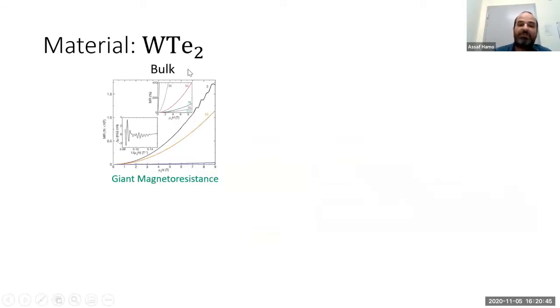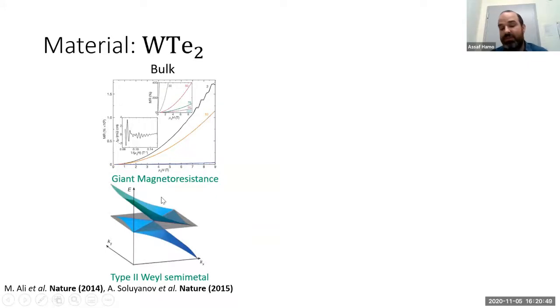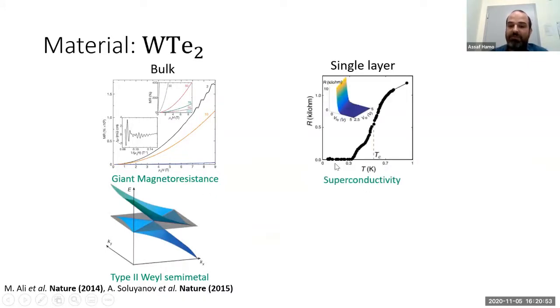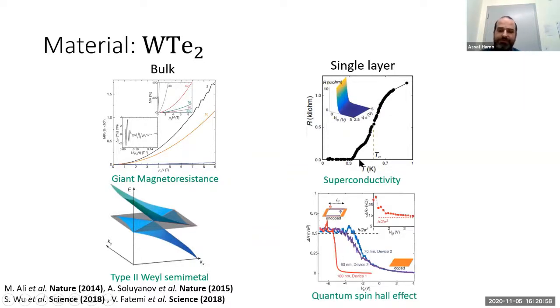The material that I want to show today is tungsten telluride. This is an extremely interesting material. It has a lot of unique properties. In the bulk, it has been shown to have a giant magnetoresistance, and it is predicted to be a type 2 Weyl semimetal. In a single layer, it has been shown to be a superconductor and a quantum spin Hall insulator.